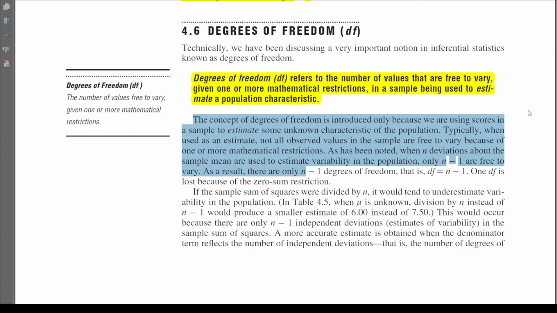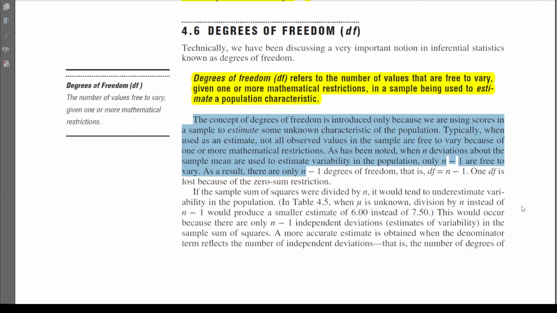But since we want to find out a population metric from the sample, we have to estimate the variance properly. And to estimate the variance properly, we would have to consider only the number of scores which are free to vary.